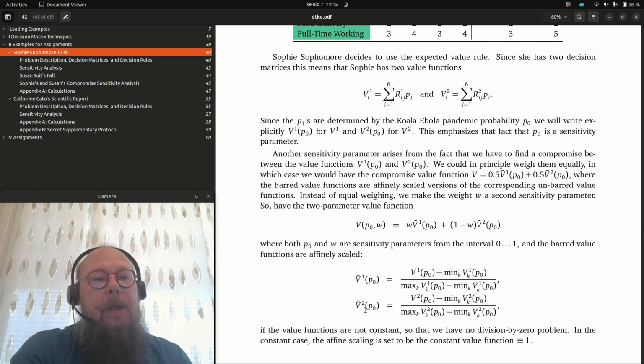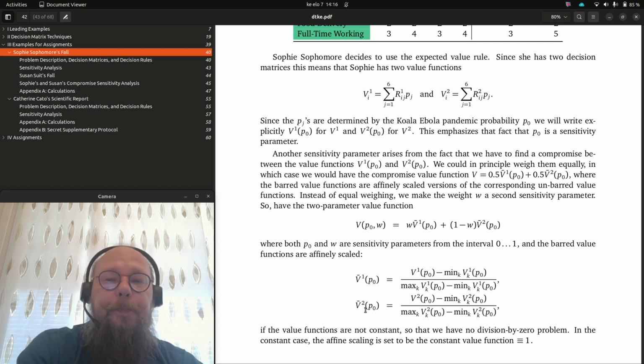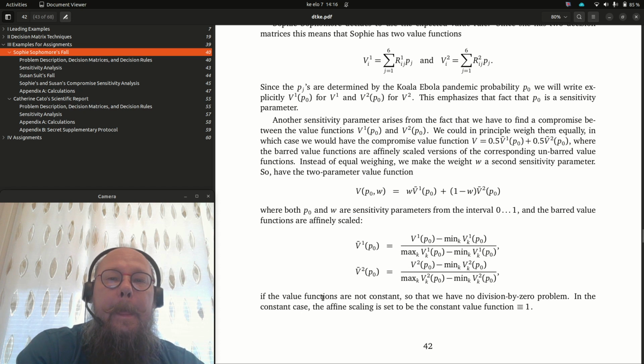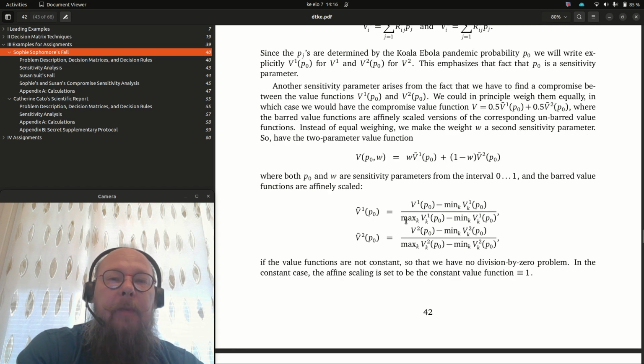So after this they are on the same scale. Both v1 and v2 bar versions have values from 0 to 1. Okay, so if the value function is constant, if we have a 0 over 0 division by zero problem, then we assume that the value function is equal to 1.